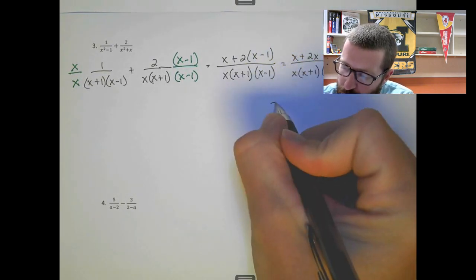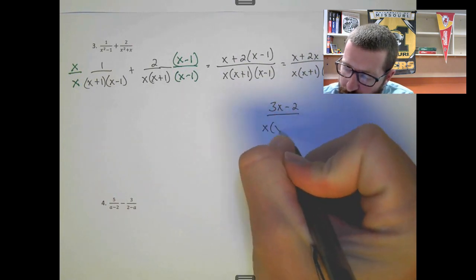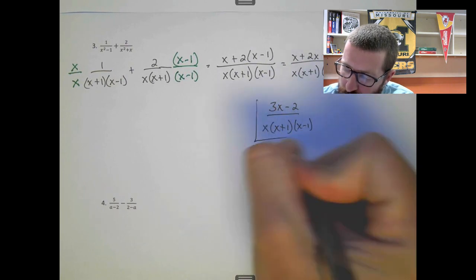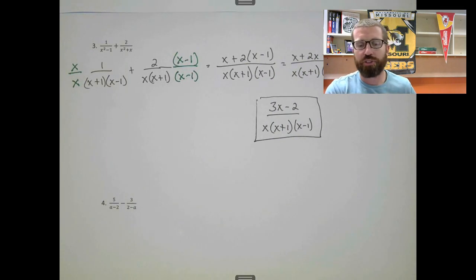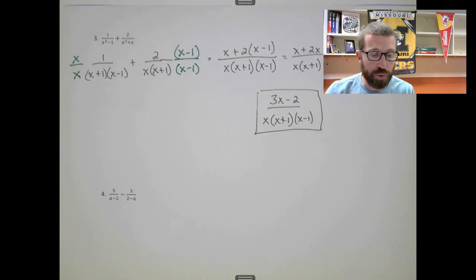And then on top, combine like terms to get 3x minus 2 over x times x plus 1 times x minus 1. And you can see the top doesn't factor, so it doesn't simplify, and you can just stop there.